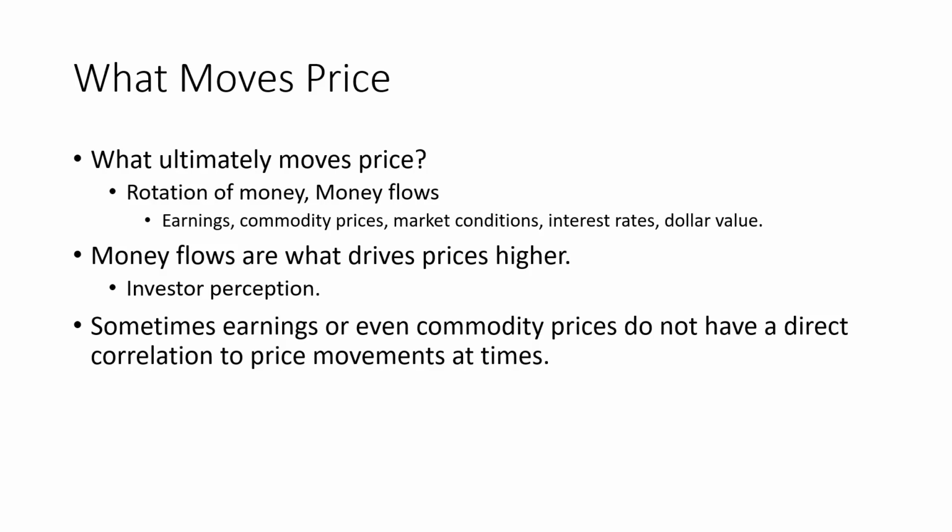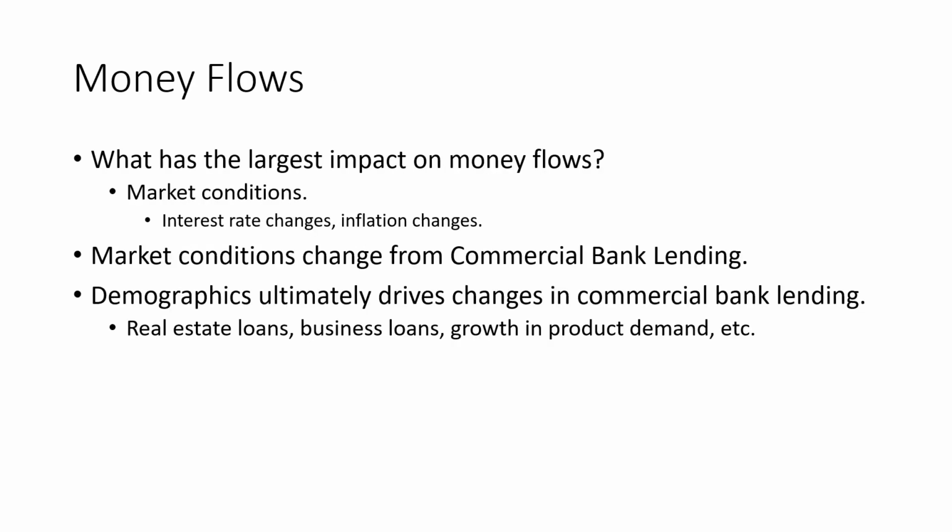So I'm going to talk a little bit more about money flows. I think money flows have the largest impact on asset pricing more than anything, and it's really the market conditions. What I mean by market conditions is interest rate changes and inflation changes. Those two things are what drive entire sectors up or down.